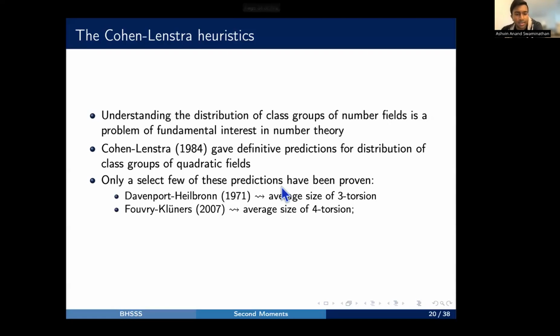Before Cohen and Lenstra came along, Davenport and Heilbronn determined the average size of the 3-torsion in class groups of quadratic fields, and that agrees with the Cohen-Lenstra prediction. And then in 2007, Fouvry and Klüners determined the average size of the 4-torsion, followed by Smith's work determining the entire distribution of the 2-part. But beyond that, we don't really know anything.